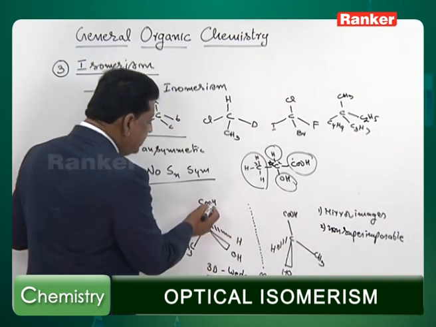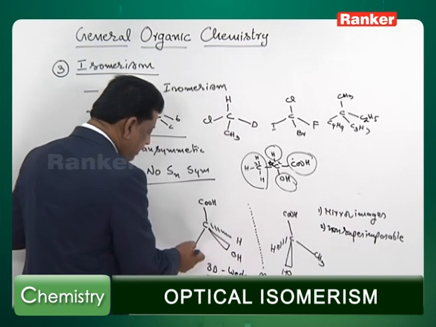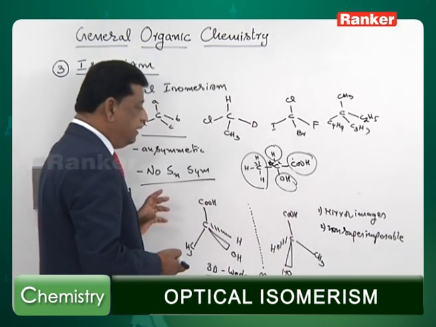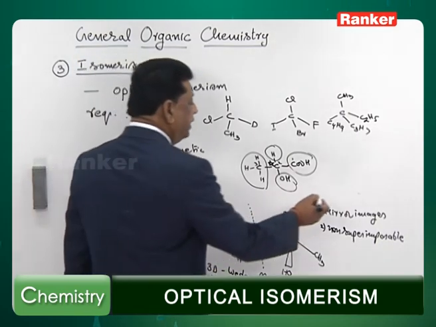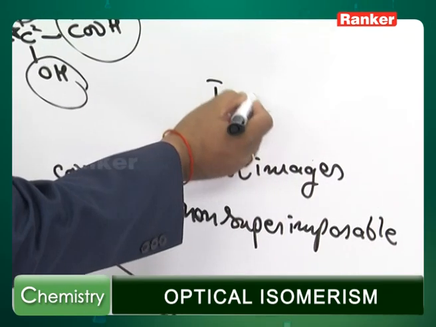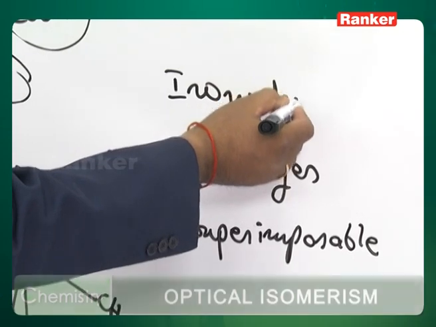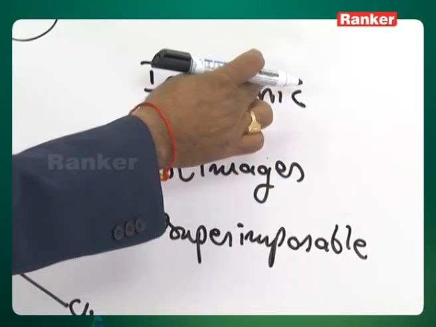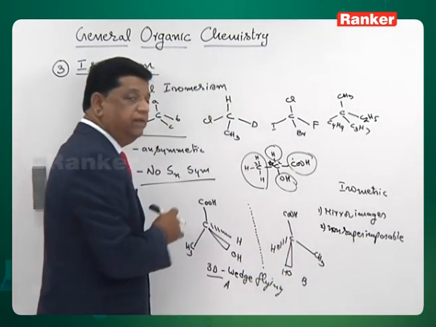But the internal distances, if you see between the OH and H and OH, are the same distance, so they are said to be isometric. Optical isomers are isometric. Metric means the measurements of this compound and this compound are the same.